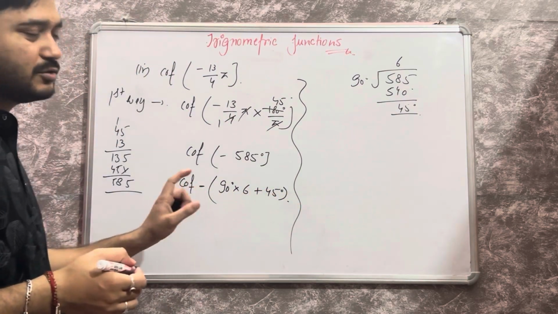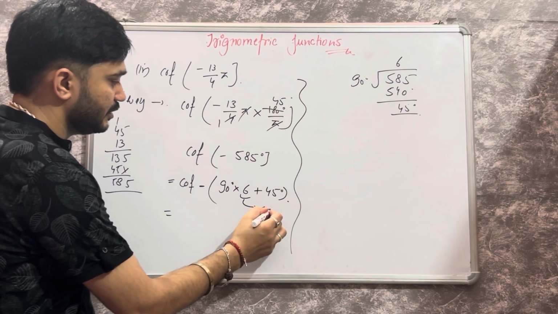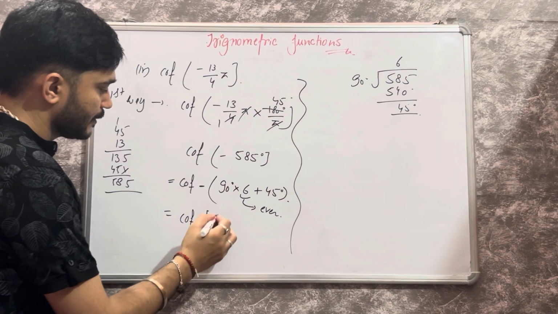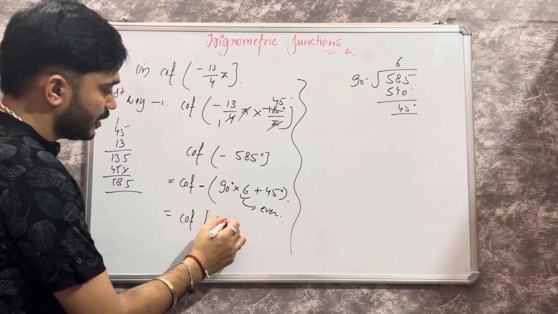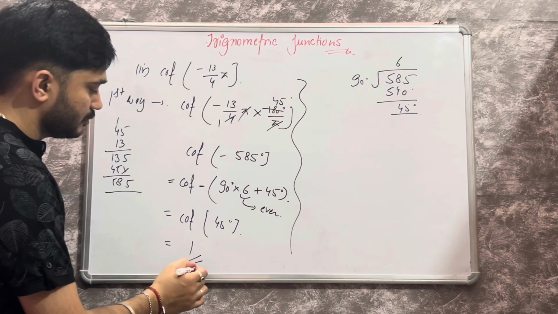The minus here does not represent anything. 6 is here, the number is even, so for cot there is no name change, 45 degree. Cot 45 is 1.